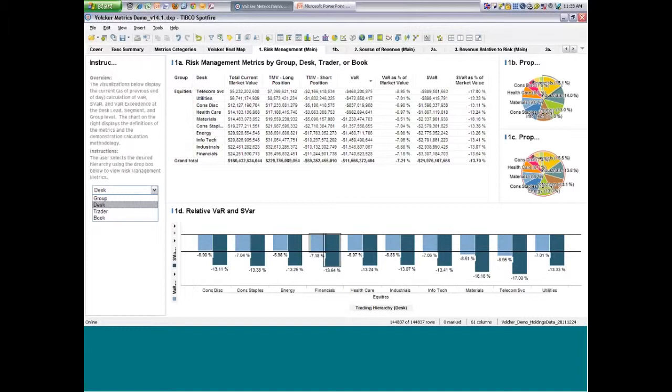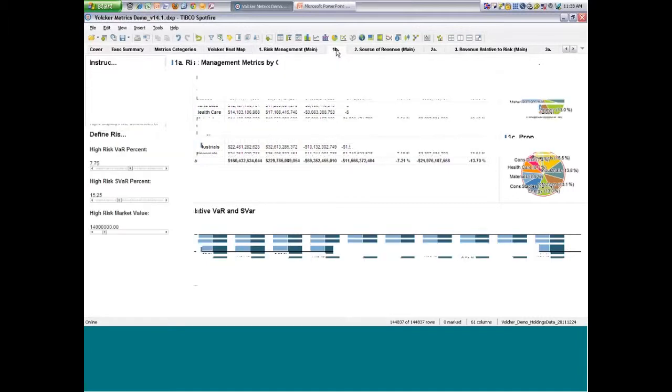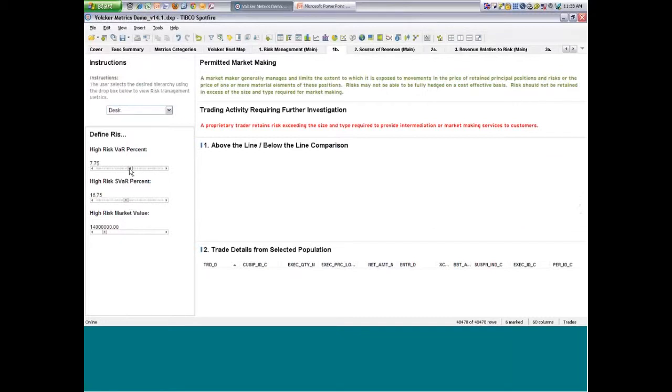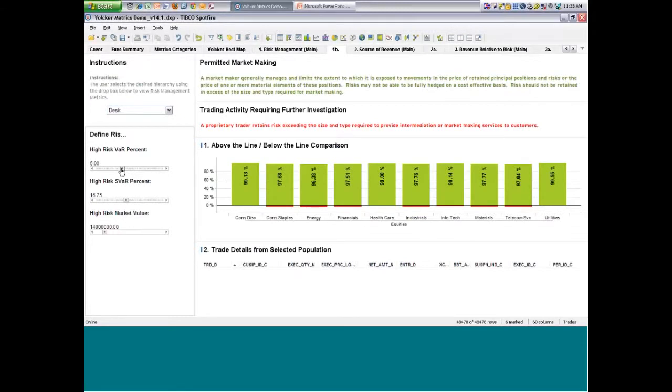But now if we jump to 1B, which is a different cut on the same piece of data, we're able to start thinking about this relative to different desks. So in this particular case, we're looking at this at the equities group level, and starting to look at what thresholds do for different desks. If we start to define what is an acceptable amount of high-risk VAR as a percentage of market value?